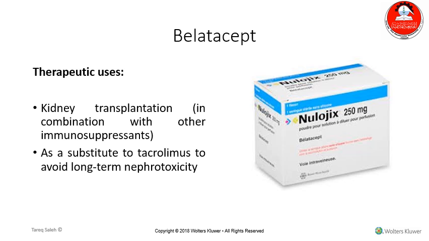Belatacept is highly used for maintenance therapy in kidney transplantation, usually in combination with other immunosuppressants. Note here that the majority of immunosuppressants are used in combination. And the reason behind that is that these drugs have several adverse effect profiles.